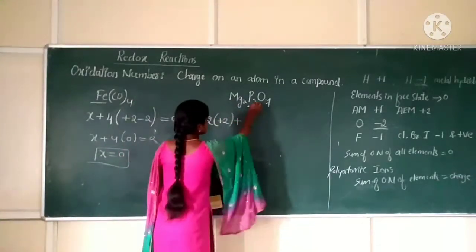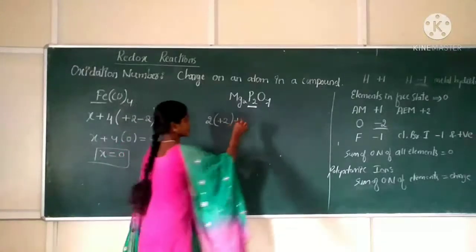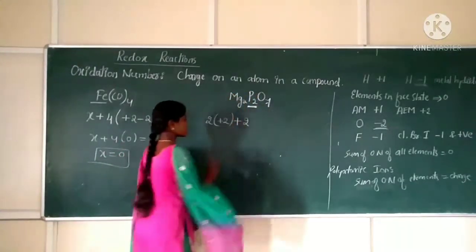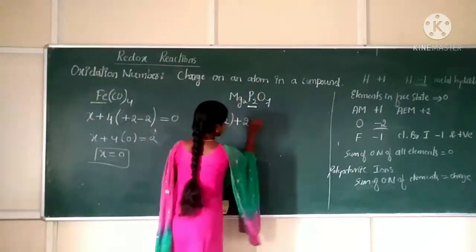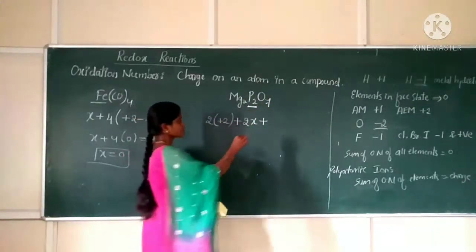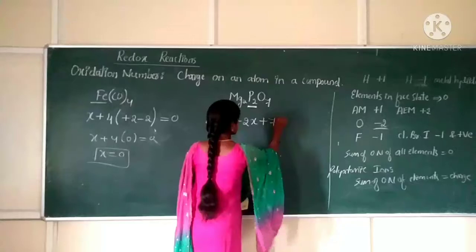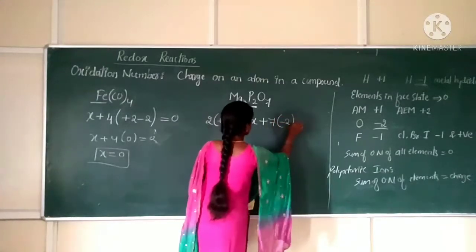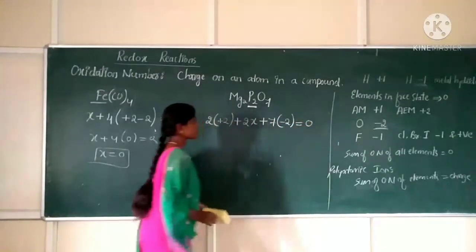Next, plus 2 phosphorus are there. We don't know the phosphorus oxidation state, so take it as X. Plus 7 oxygens, each -2, which is equal to 0.